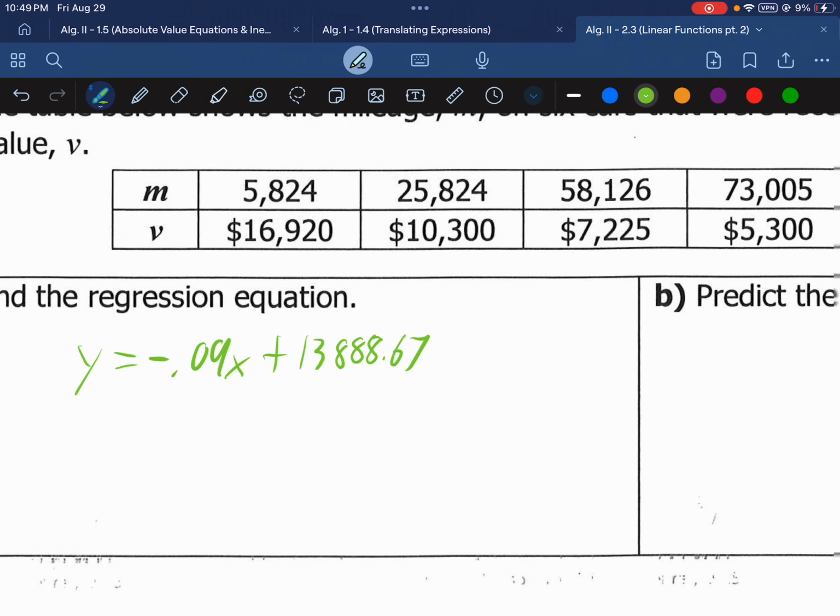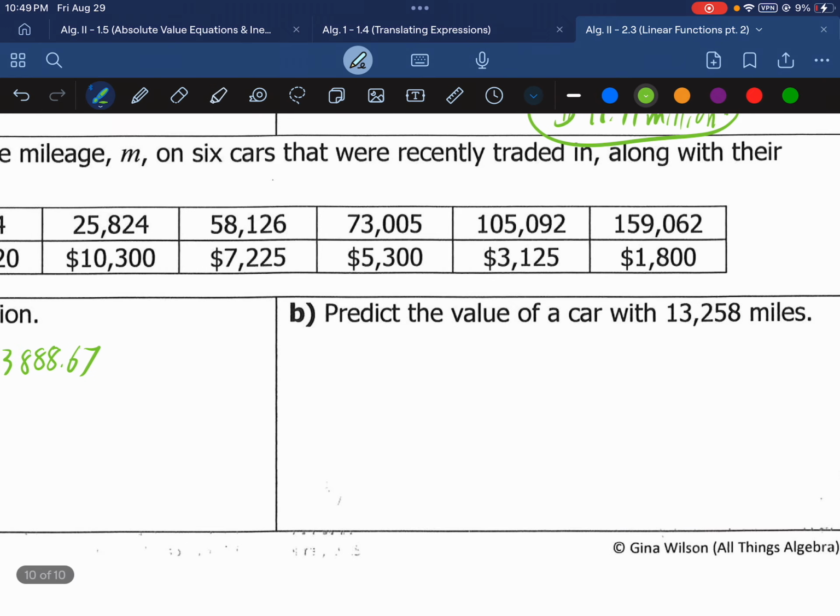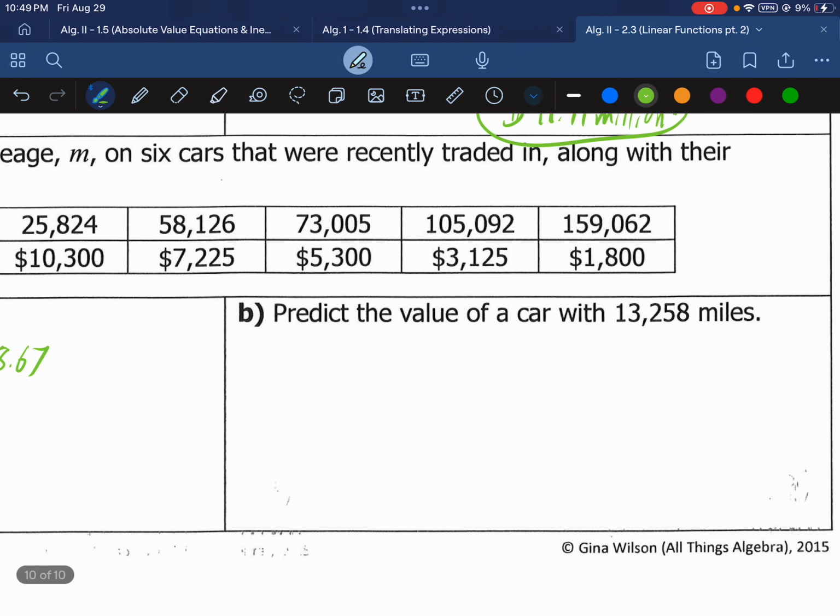So now predicting the value of a car with that number of miles, 13,258, we plugged it in for x, which is really m, and v is really y. So if you wanted to make m and v, keep it like how it started, or change it to x and y, it's fine. So y equals negative 0.09 times 13,258 plus 13,888.67.